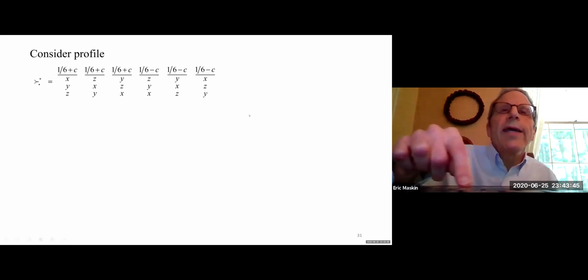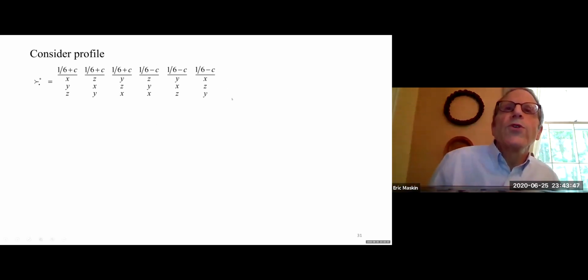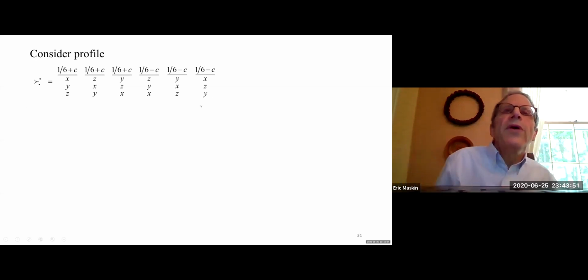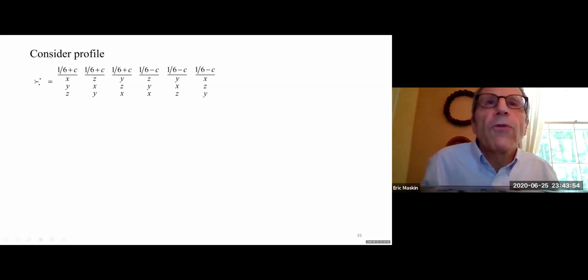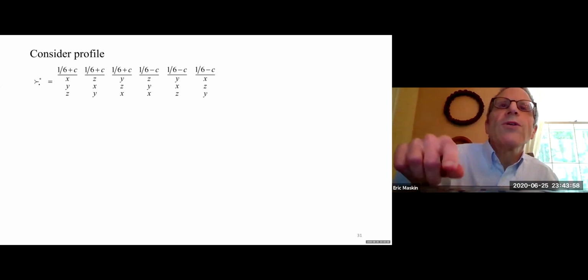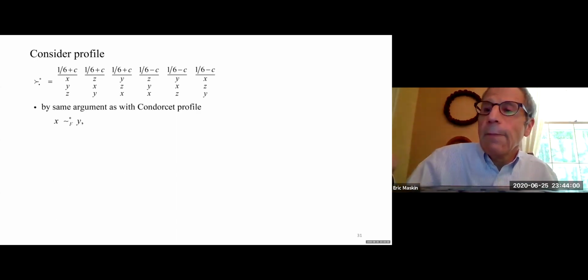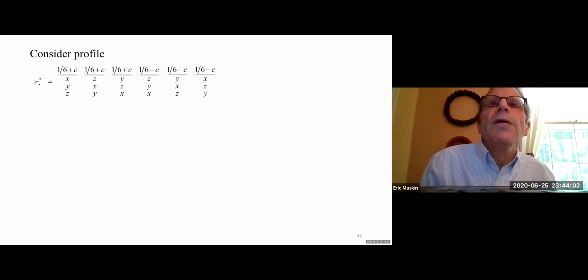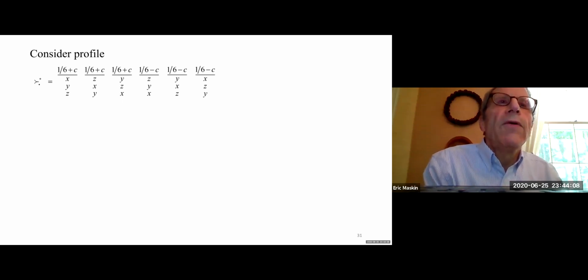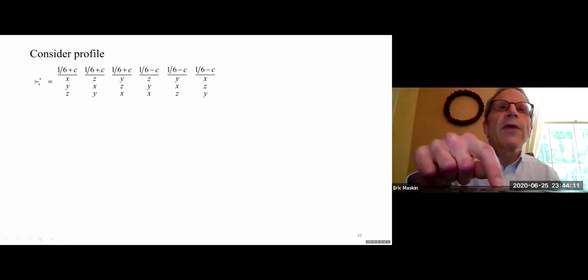We can also make some inferences about the social welfare function from this profile. Now, when there are three alternatives, there are six possible strict rankings of the three alternatives, and they're listed here.